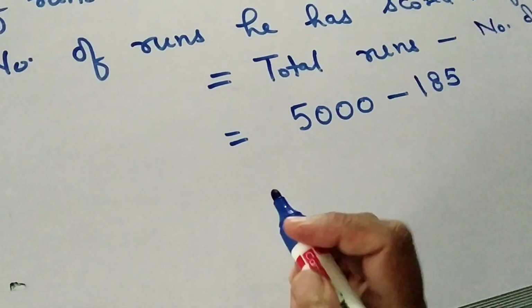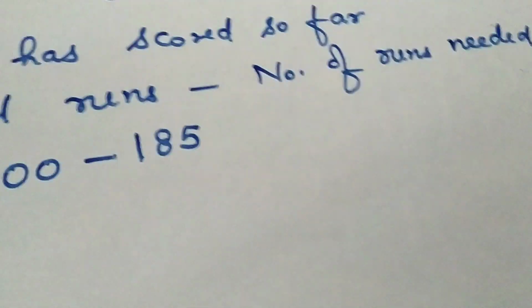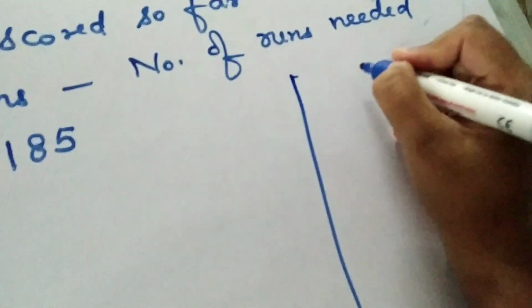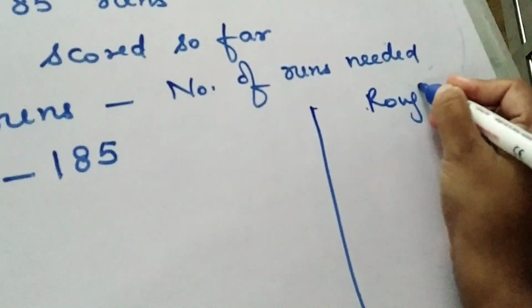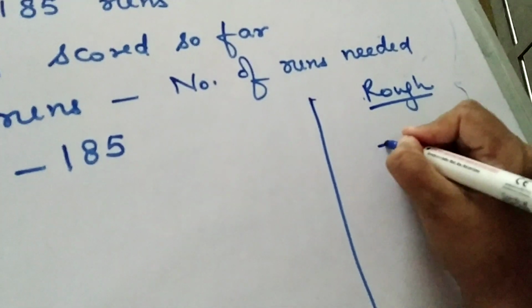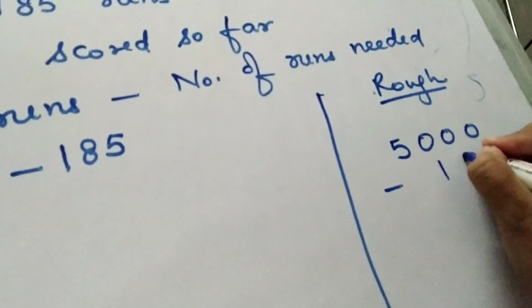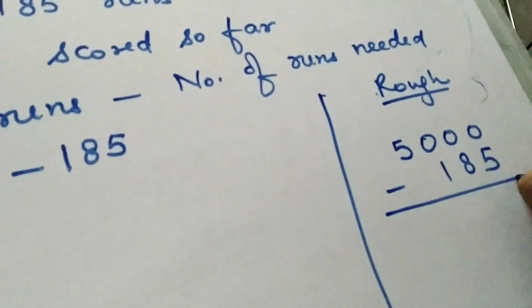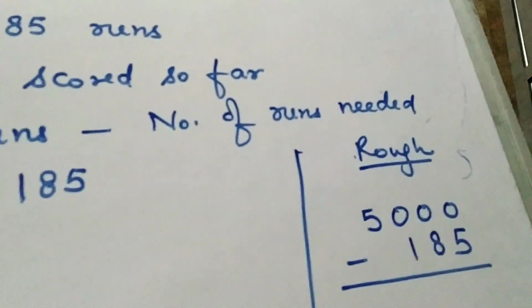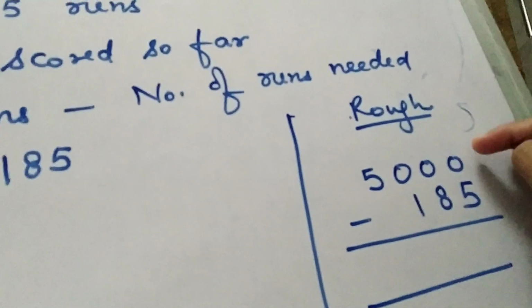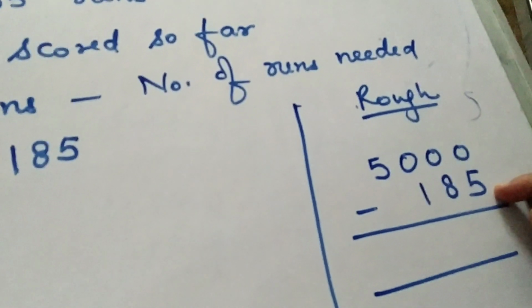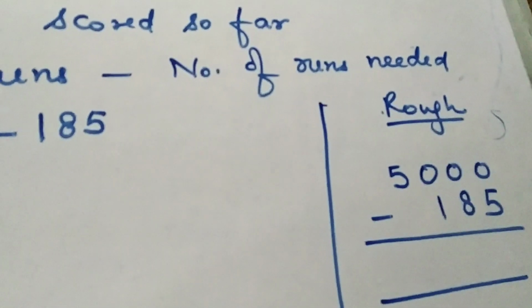Now let's subtract it in column form in rough. We'll make a rough column here. 5000 minus 185. Be careful about the place values of the digits, because 5000 is a 4-digit number and 185 is a 3-digit number.